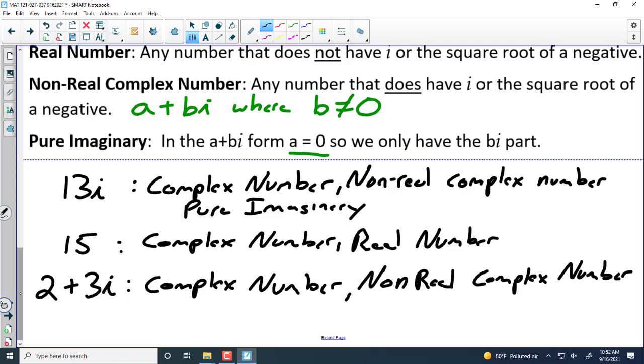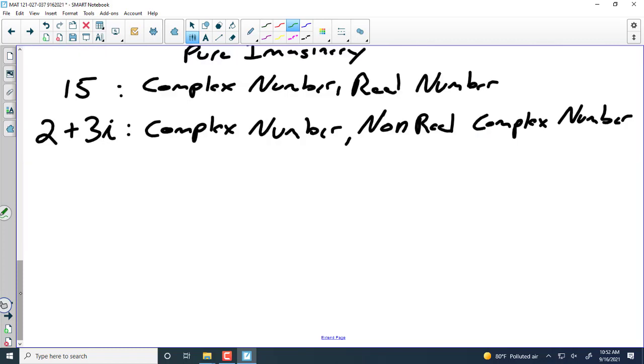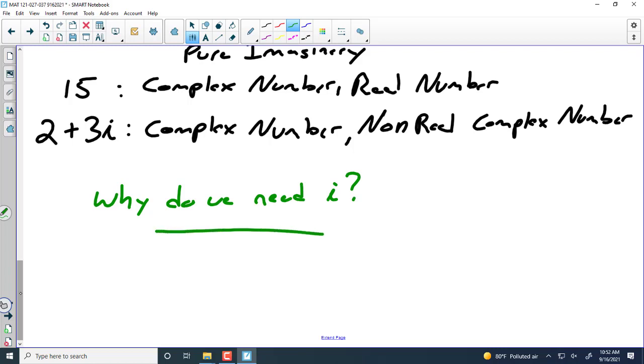All right. So the natural question to ask at this point, which I've already started to allude to, is: why do we need I? Why do we have this? Why am I bothering you with this today?